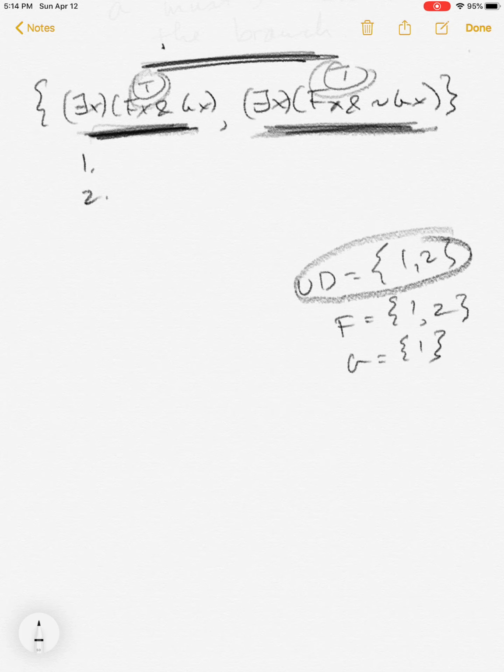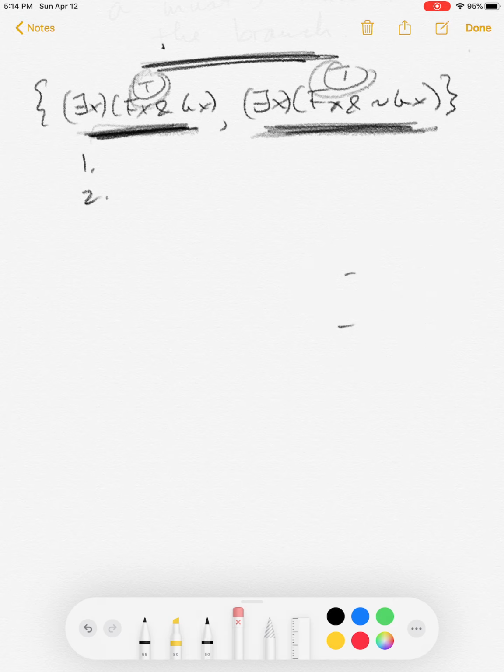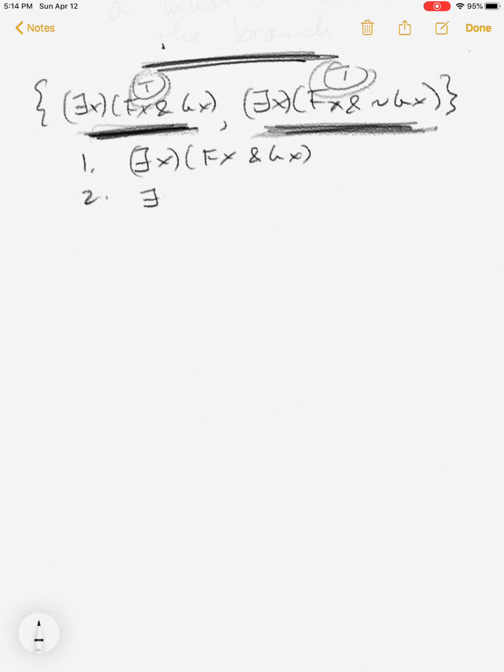But you'd have to have two things in your universe of discourse to make both of those true. Okay, so let's do a tree for this set and see what happens. We're going to write down the set members. There's something that's F and G, and there's something that's F and not G. And these are our set members.